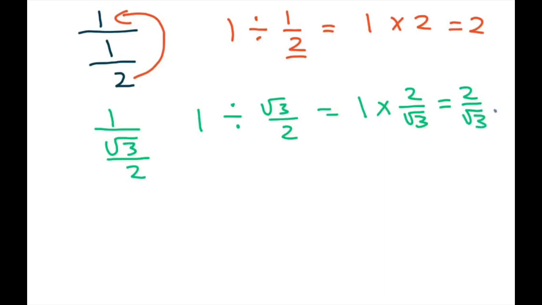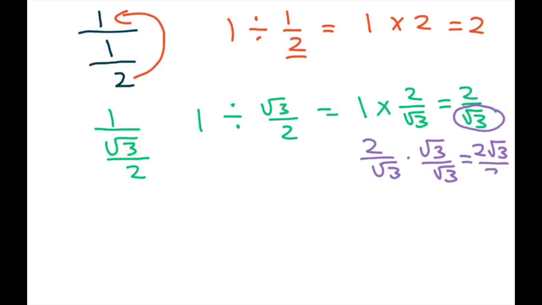Now this one, since you have a radical there, we probably want to rationalize the denominator. So you get that radical out of the denominator. So this is going to be 2 square root of 3 over 3.